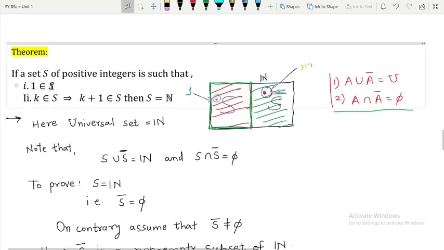So 2 is also there in S. Now since 2 is there in S, you add 1 to that, it should also be there in S, therefore 3 is also in S. Now again you add 1 more, so 4 is also there in S, again you add 1, 5 is also there in S, and this will be continued and you are going to get the entire set of natural numbers.